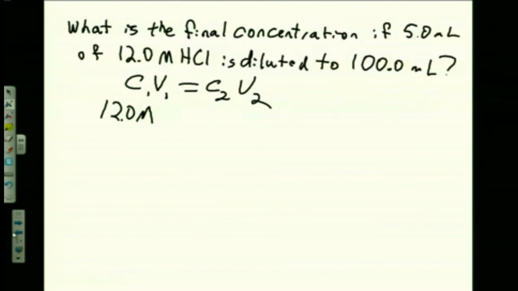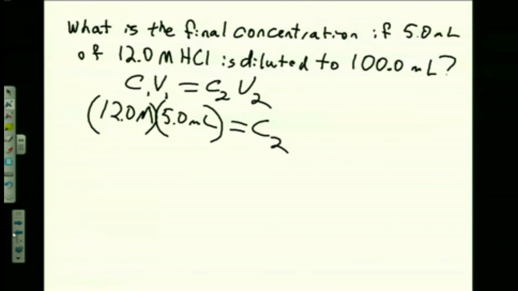I'm going to use 5 milliliters. I want to know my final concentration, right? It says, what is the final concentration? What's my final volume? My final volume is what? 100 milliliters.